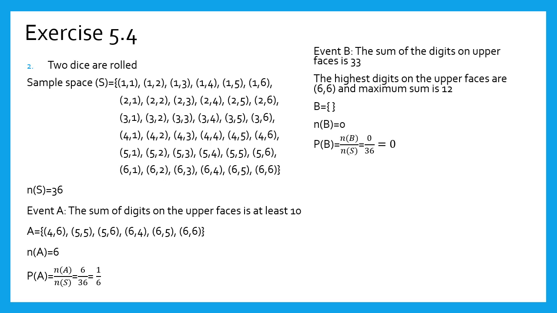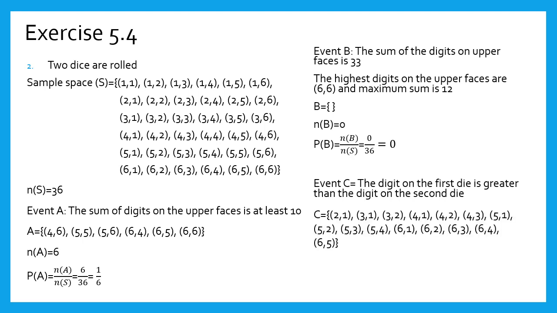Third event C. Digit on the first die is greater than the digit on the second die. Girls, look at the sample space. In each point there are 2 digits. Now we will write the points in which first digit is greater than the second digit. Thus we get the set C. n(C) = 15.